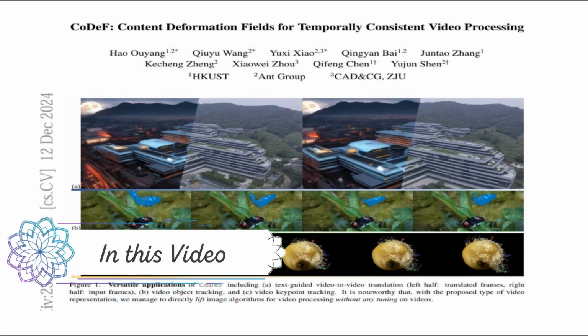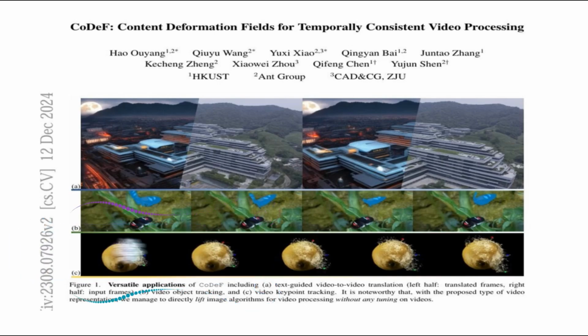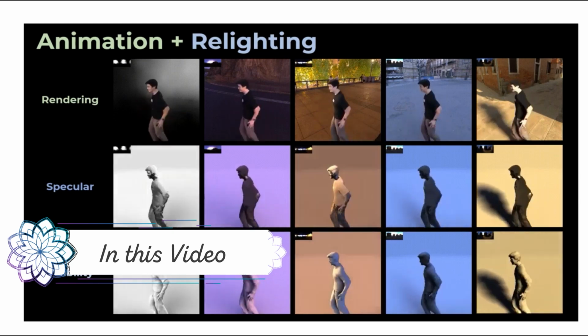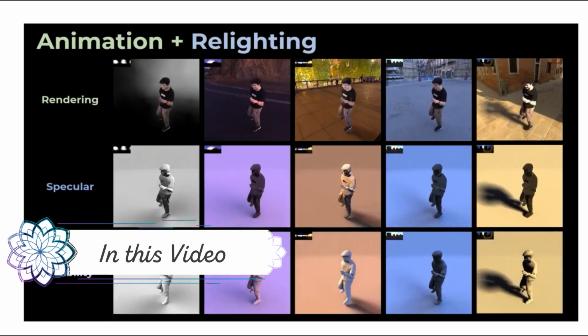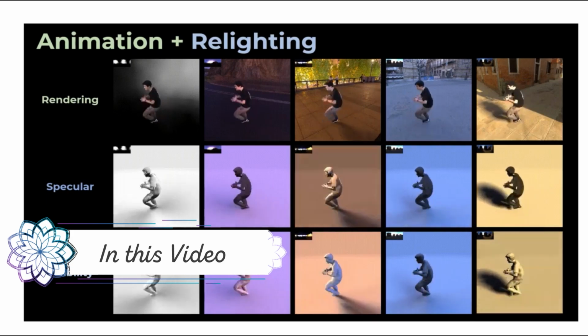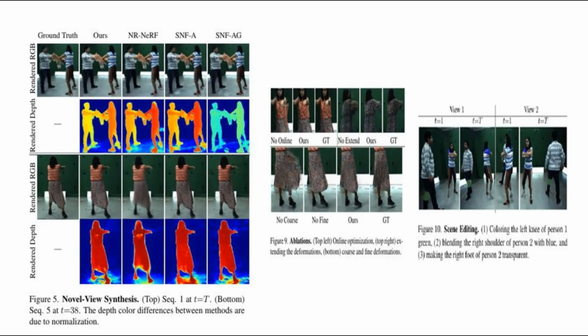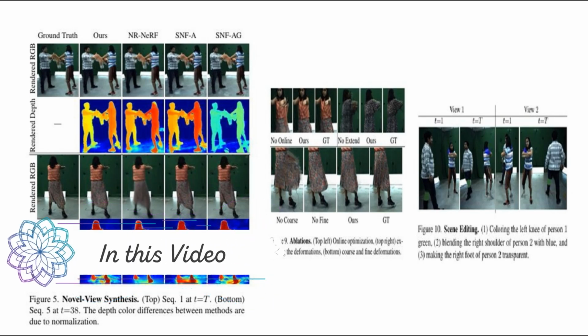CoDeF introduced a novel content deformation field that creates a canonical content representation of video while separately modeling temporal deformation. Yeah, dear friends, by leveraging AI's understanding of human shape, poses and texture, this method bridges the gap between virtual avatars and real-world physics focused only on short-term object deformation.